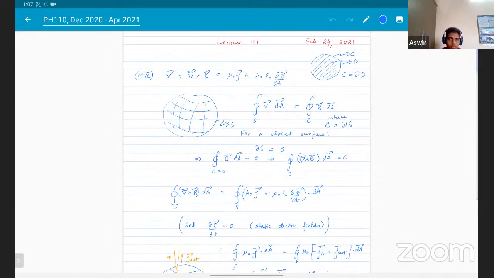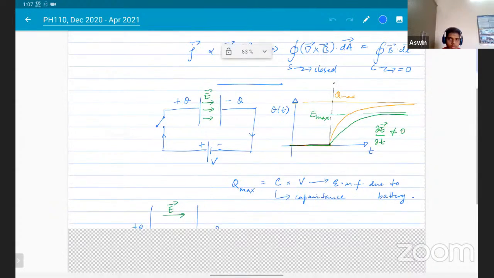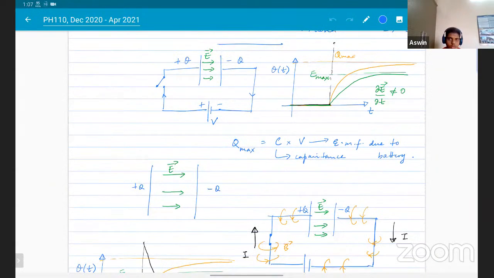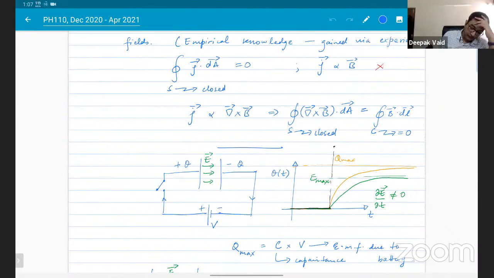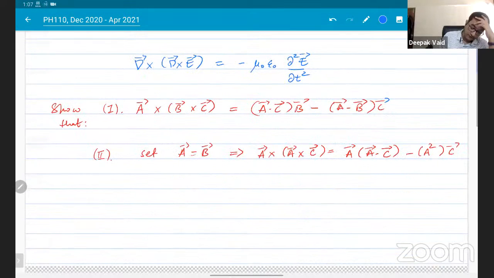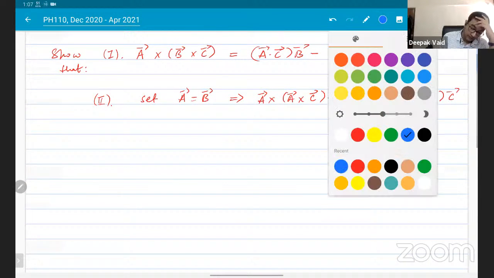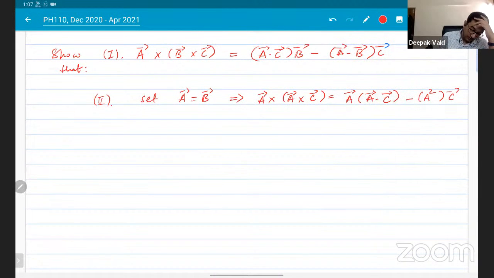So another thing that you should work out. Let me give you another exercise, which is about this equation. That's another exercise for this circuit with a capacitor, right?